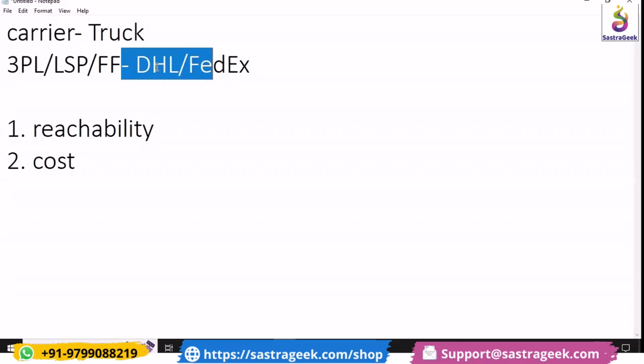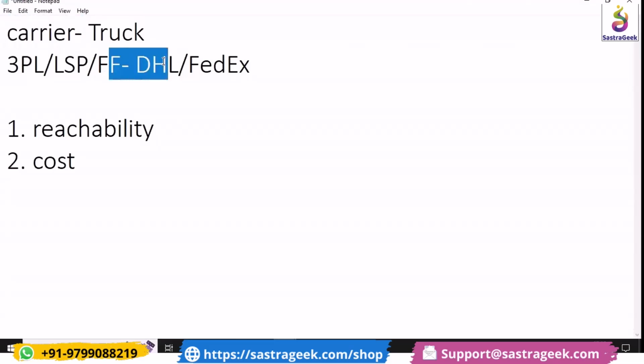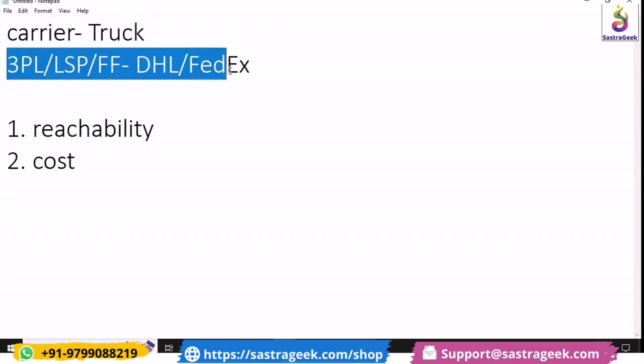They work on volume, not on cost. The more volume they give to the carrier, the more they save, and they earn their money from that. That is the reason these companies have mushroomed a lot. You won't see the carrier companies' offices everywhere, but you would see DHL and FedEx offices everywhere because that is their modus operandi.